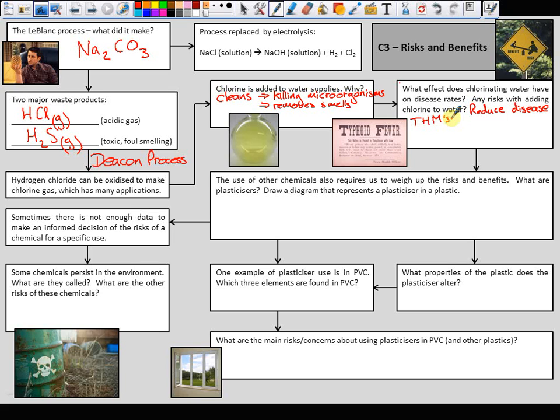Okay, so let's move on now to the use of other chemicals, also requiring us to weigh up risks and benefits. What are the plasticizers? Plasticizers are molecules that get added to a polymer to change its properties. And we've been asked to draw a diagram that represents a plasticizer in a plastic. So this then comes back to our nice wiggly line diagram.